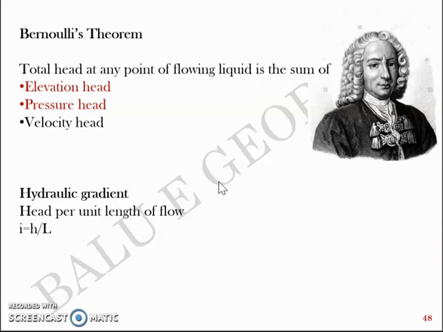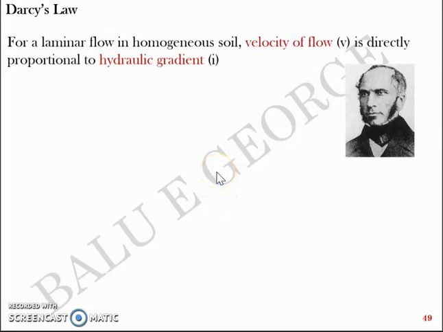Now the one law that helps us to arrive at the permeability of soil is Darcy's law. Darcy stated that for a laminar flow in homogeneous soil, the velocity of flow v is directly proportional to the hydraulic gradient H by L, or hydraulic gradient i.